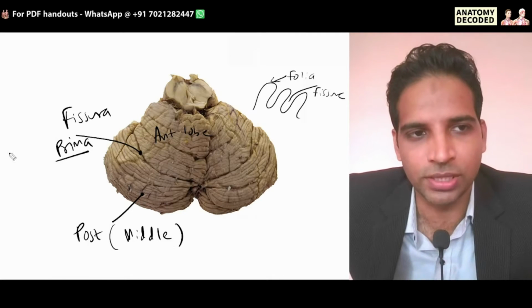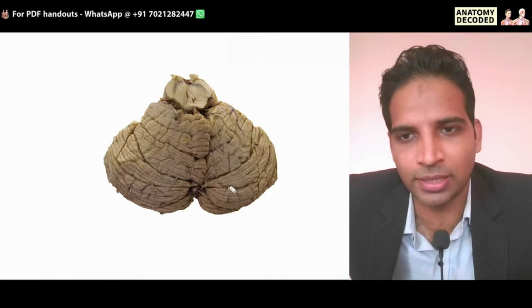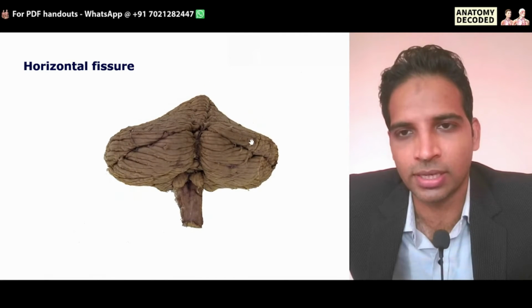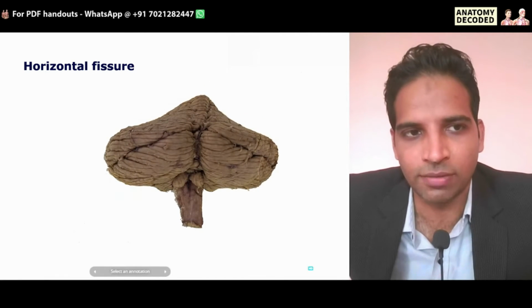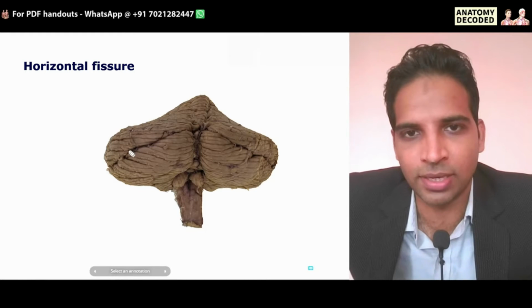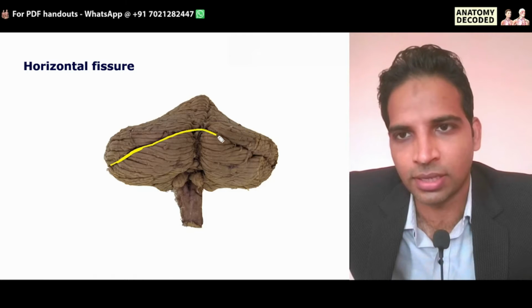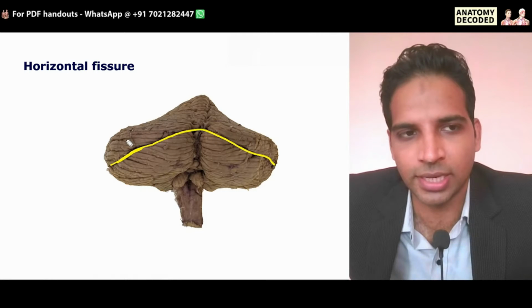and there is one more prominent fissure, but it is not separating the lobes. That fissure is the horizontal fissure. Okay, so here we can see the horizontal fissure of the cerebellum. So this fissure that we can see here, and continuing with the other side.